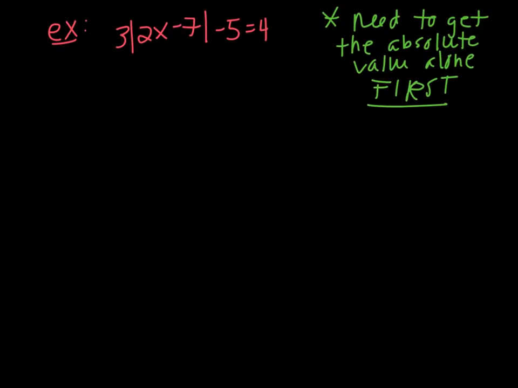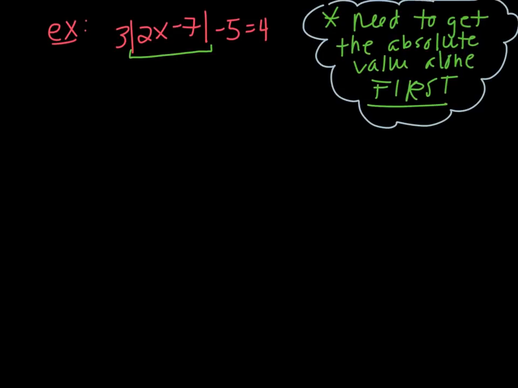So with an equation like this one, 3 times the absolute value of 2x minus 7, minus 5 equals 4, we want to get the absolute value alone before we make our two equations. It's so important that we get the absolute value sign alone first. So I need to get rid of the -5 and the times 3. I'm going to work away from the absolute value.